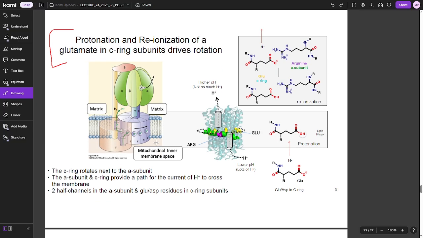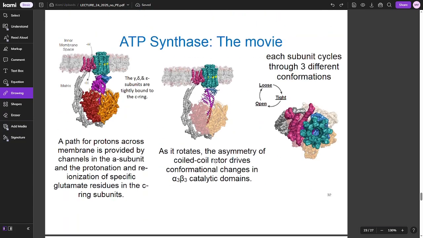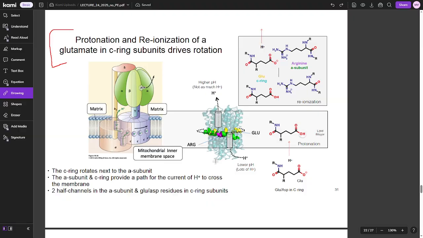I'm trying to see if they show a good image of it. If we look here, this is supposed to be the membrane, I think. Essentially, what's happening is we have this glutamate and aspartate in the C ring. Every now and then, a proton will get attached to one of the glutamates in the C ring.